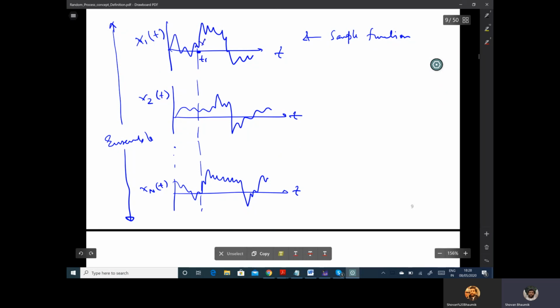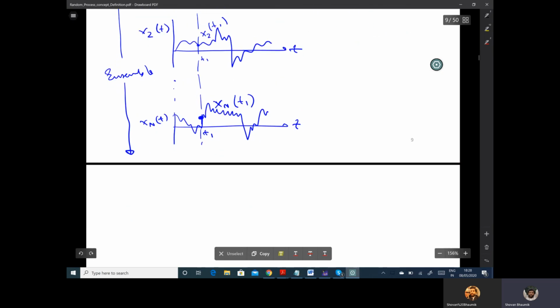Here the value is x1(t1). Here the value is x2(t1). And at this point it is xn(t1). So at some time t1 we get a number. Those numbers are x1(t1), x2(t1), x3(t1), dot dot, xn(t1).